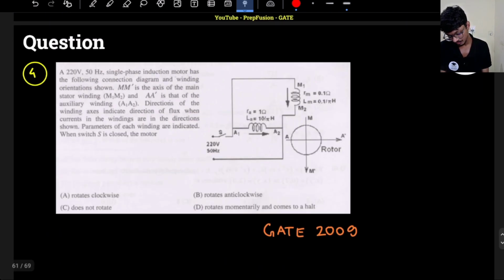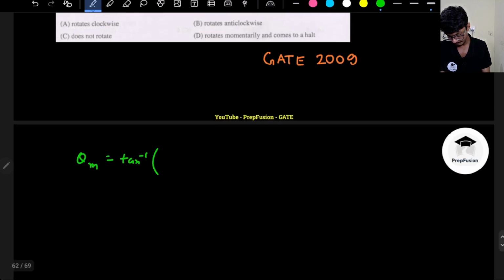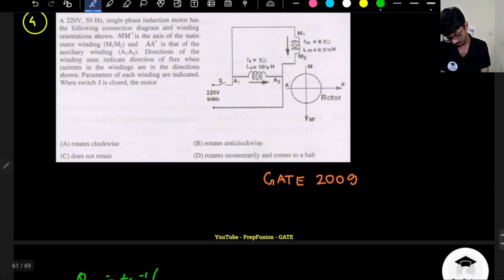So now let's first of all find theta m and theta a. What is theta m? The main field winding angle. Theta m is tan inverse of Xm divided by Rm.